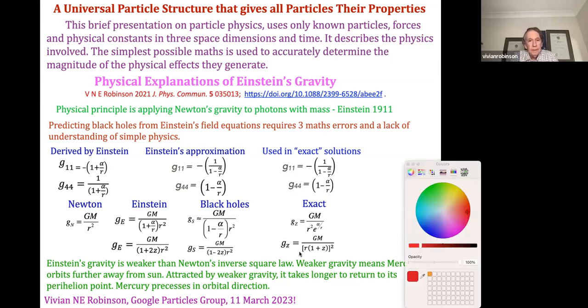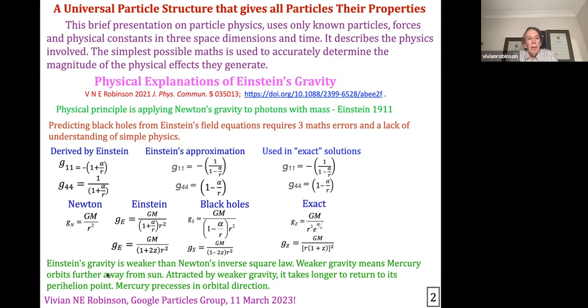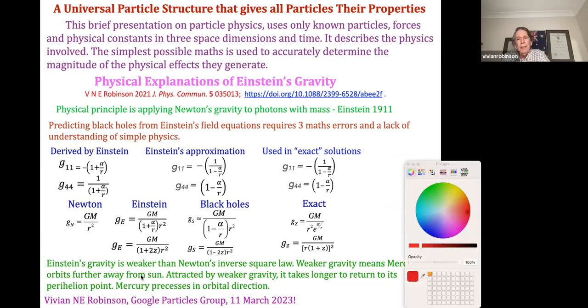Now, if you have a look at both of these equations, they show that Einstein's gravity is weaker than Newton's inverse square law. Weaker gravity means that Mercury orbits a little further away than it otherwise should from the sun. It's also attracted by a weaker gravity, so it takes longer to return to its perihelion position, and therefore it returns to it a little bit later in each orbit, and that is why Mercury's orbit precesses.